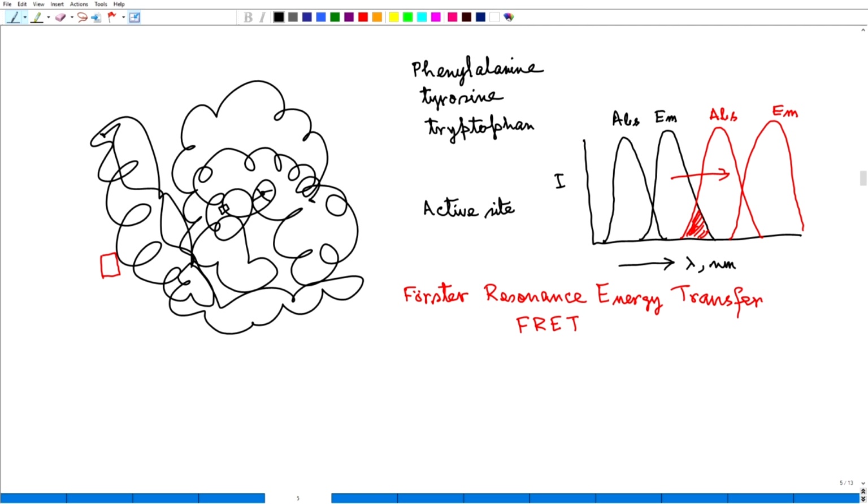Then all the emission energy from this fluorophore will be transferred to this particular tryptophan when my tryptophan is oriented this way. If it is still like this, dead meat, nothing will happen.